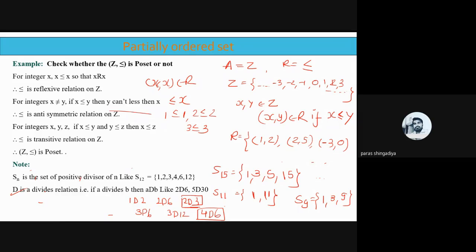And then we'll consider D as one type of relation, meaning two numbers from the given set which follow the divide relation. A divides B: 2 divides 6, 5 divides 30, 6 divides 30, and so on. Is it clear?